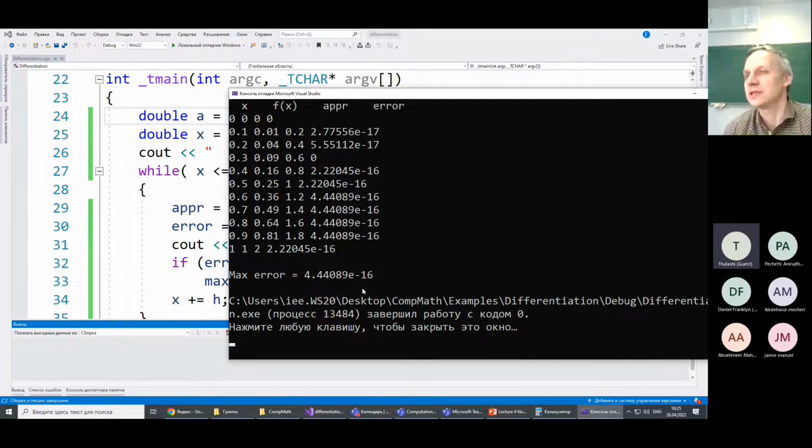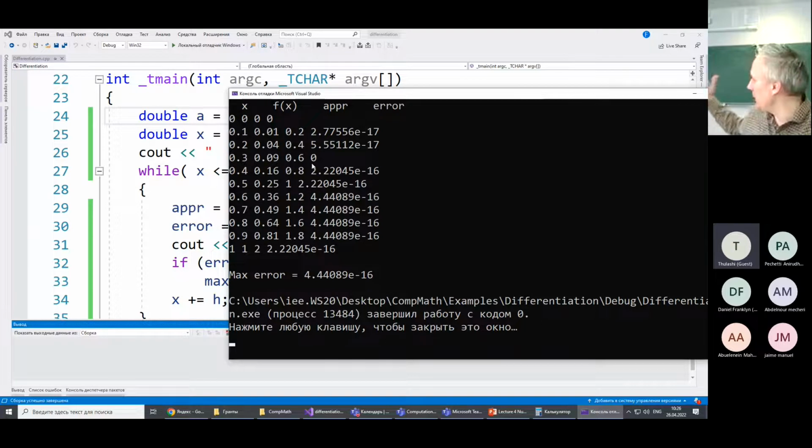In one of the first lessons, I told you that all the computations on a computer are carried out not exactly, but with some small error, the so-called machine error or machine epsilon. The value of this error is 10 power minus 16.